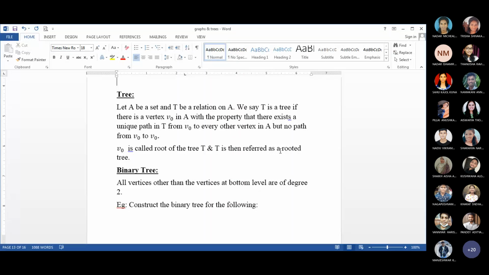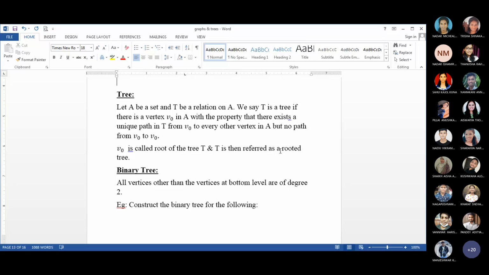So T is a tree if there is a vertex V0 in A with the property that there exists a unique path in T from V0 to every other vertex in A, but no path from V0 to itself.